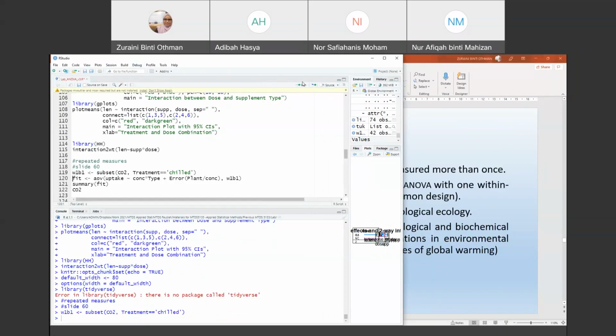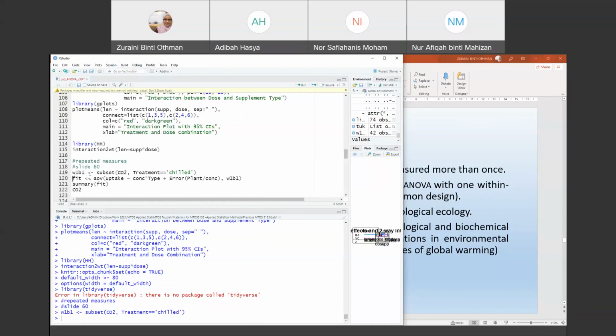If we want to use our data, kita kena tahu directory tu dekat dalam session ni, dia ada set working directory, make sure that the data is there so that it can be read. If it is not there, you have to put a code for where the location of the data is.